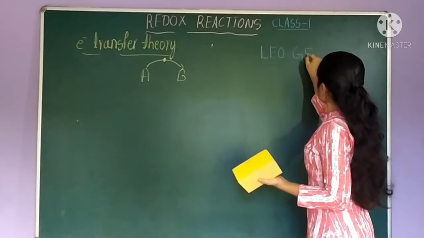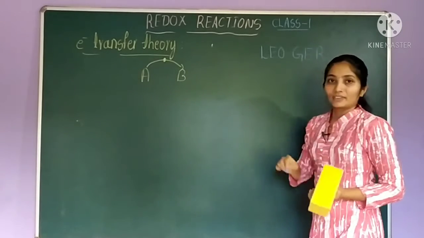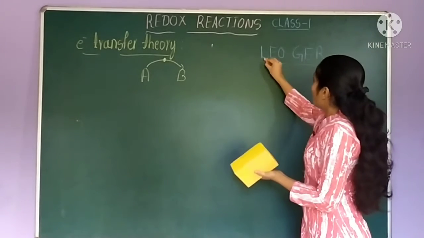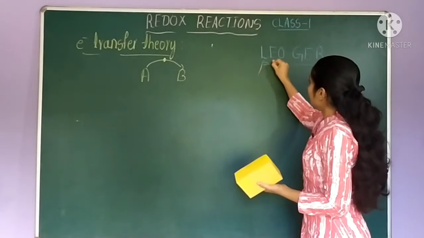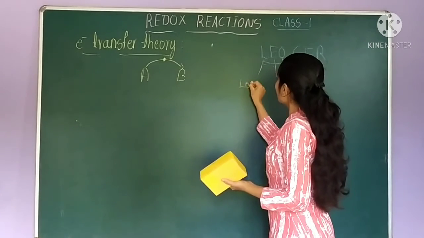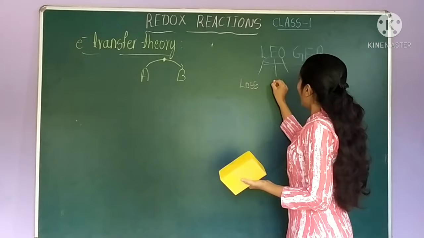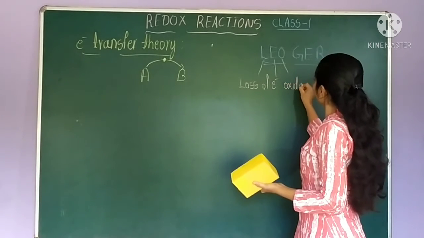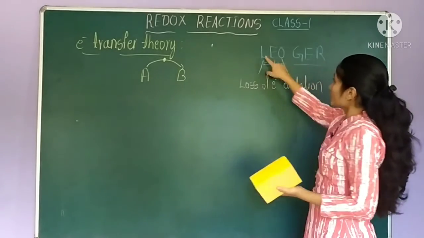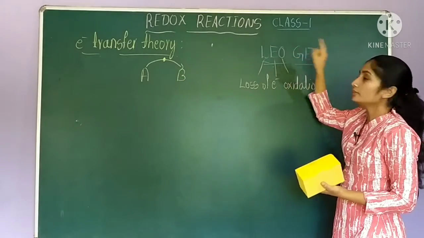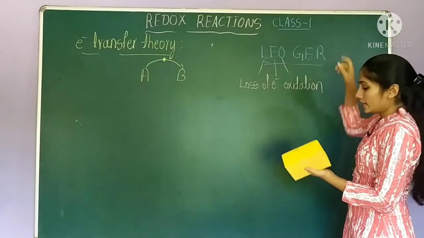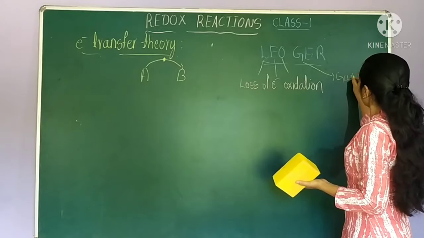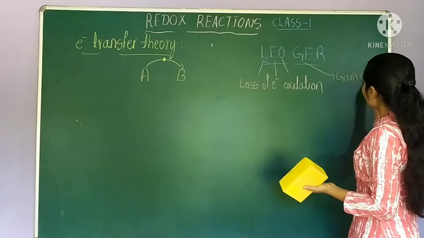LEOGR. What is this LEOGR? Loss of electron is oxidation, and gain of electron is reduction.